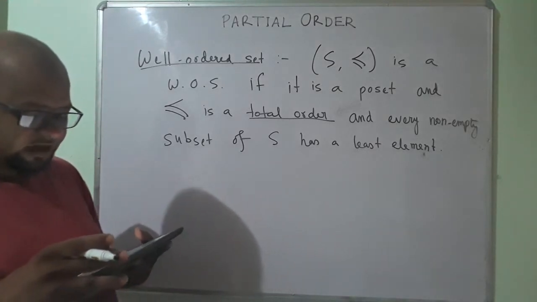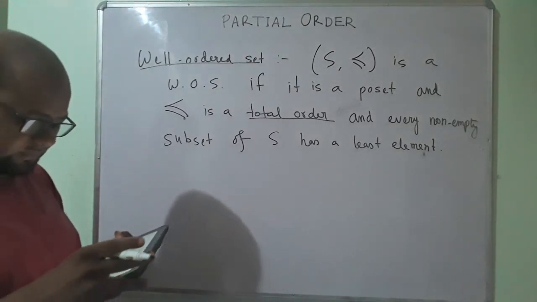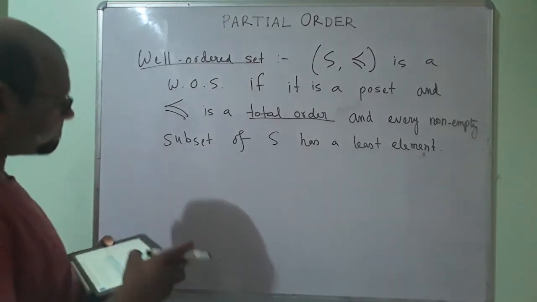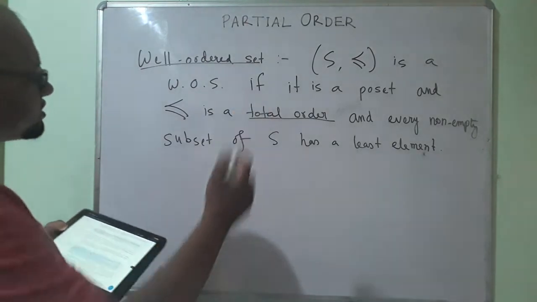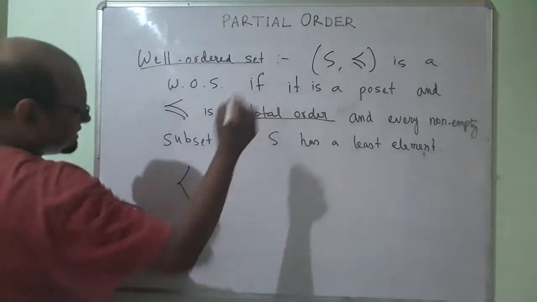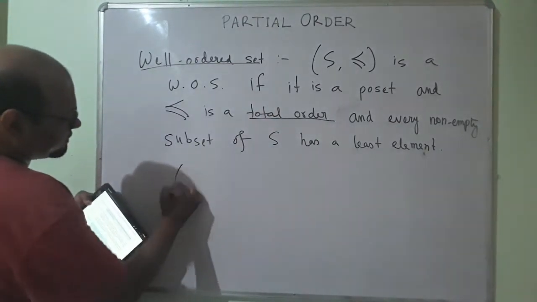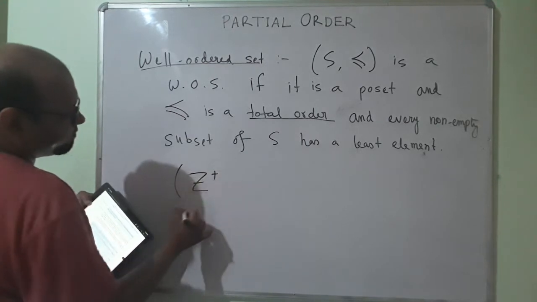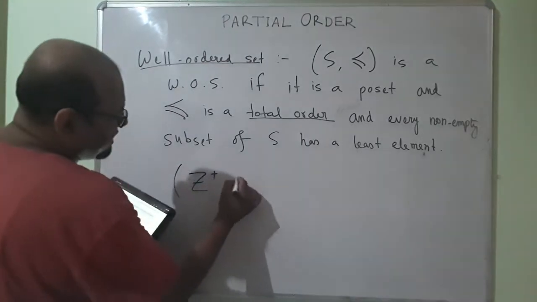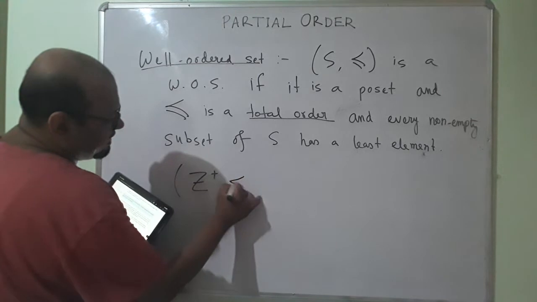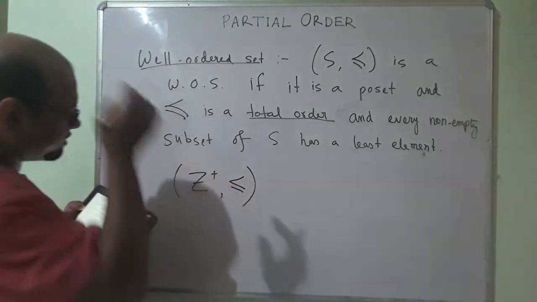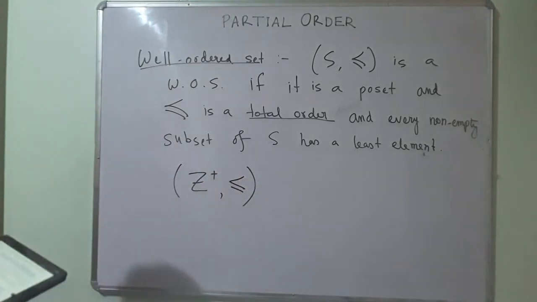So what does this mean? Say I have this less than or equal to as my poset, on the set of positive integers. So what will happen here?